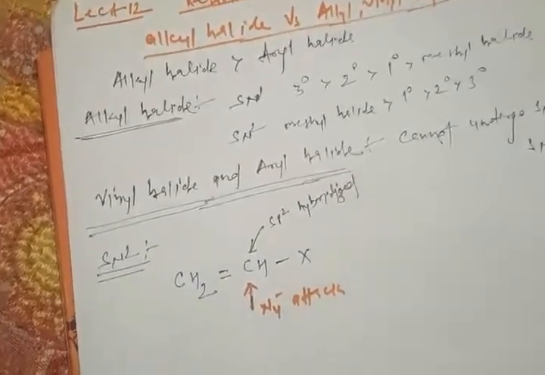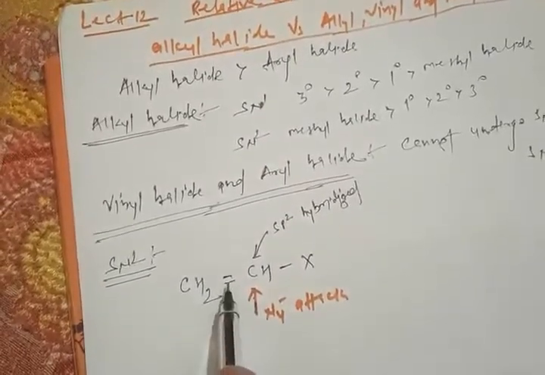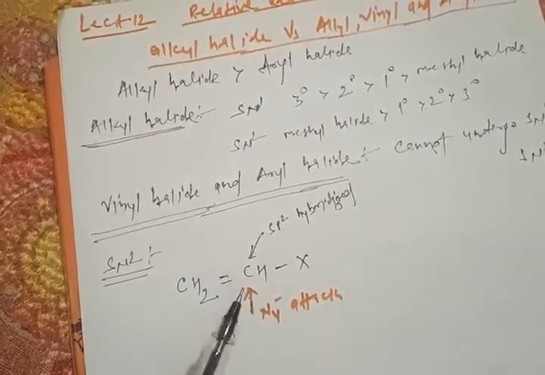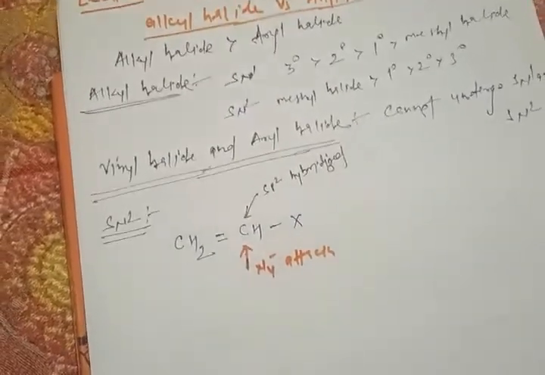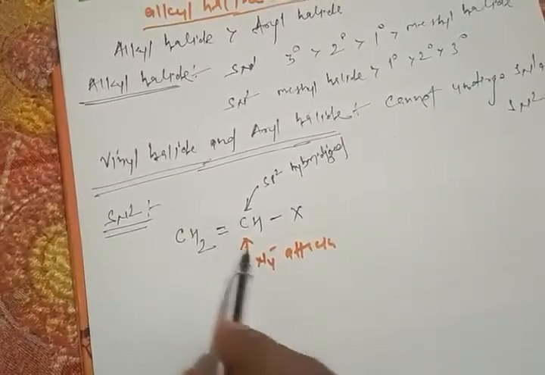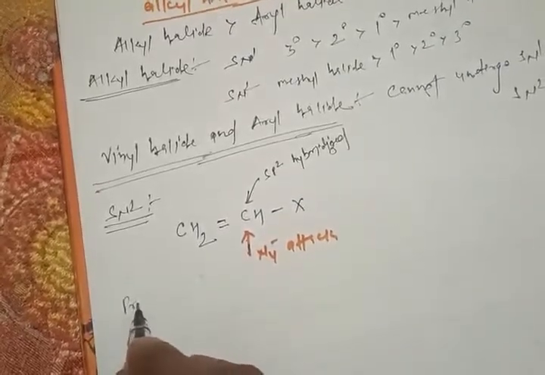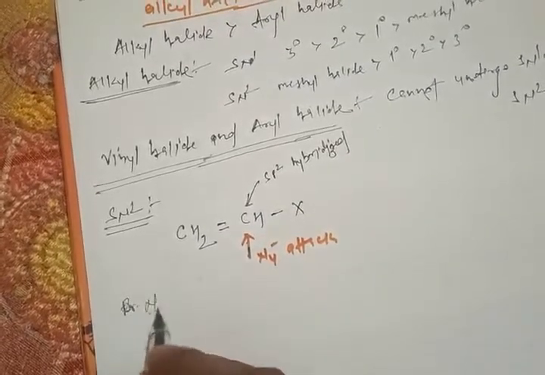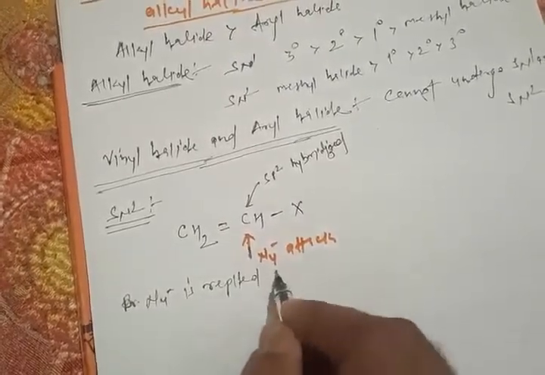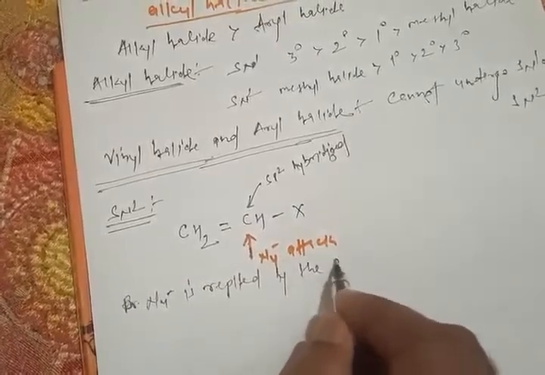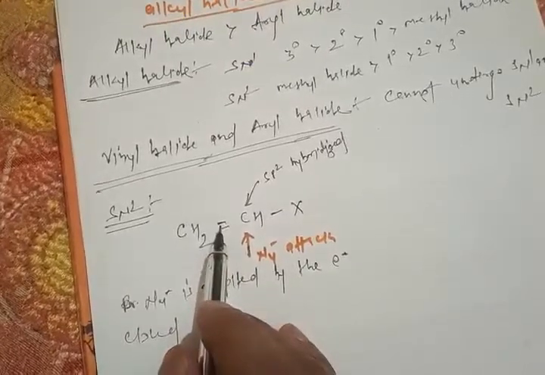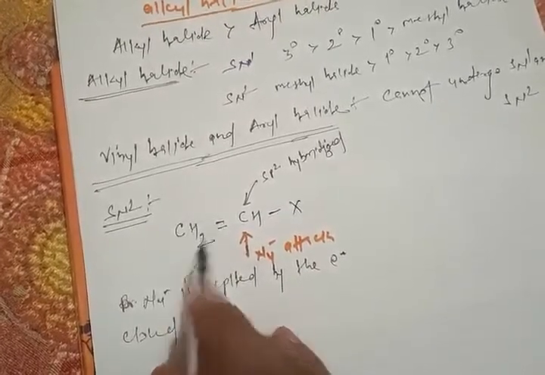Now what happens here, because of the presence of this pi electron, the nucleophile is repelled. Because it is a negative charge, this pi electron negative charge will repel. So the nucleophile is repelled by the electron cloud of the carbon carbon double bond.